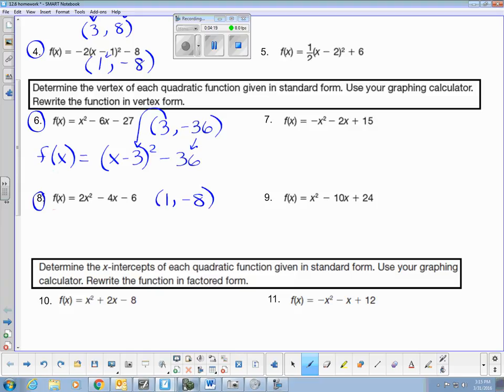And what I have to remember is I have a leading coefficient. So when I go to place this into vertex form, I need to begin with my a value as being 2. And then take the opposite of positive 1. And then minus 8. Don't square that.